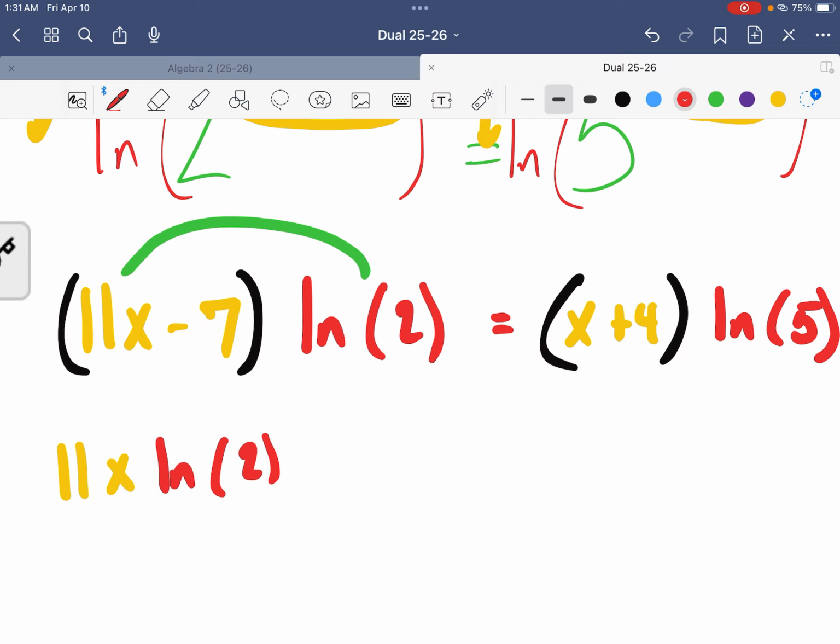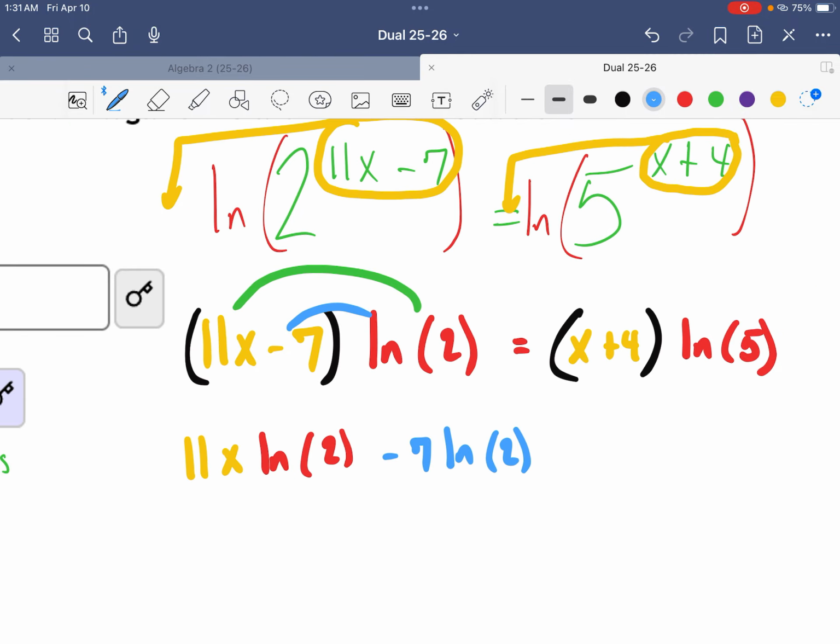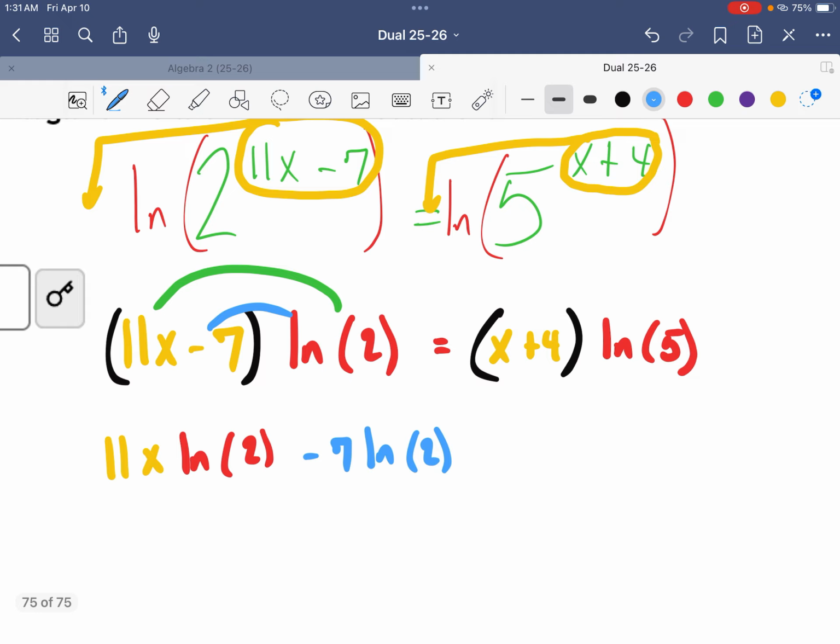But again, I just multiplied it in, right? Multiplied to both of those. So I've done that so far. I did 11x times ln2, and that's what we have. Next, I'm going to do -7 times ln2. That's just going to be -7 ln2. And then do the same thing on the other side.